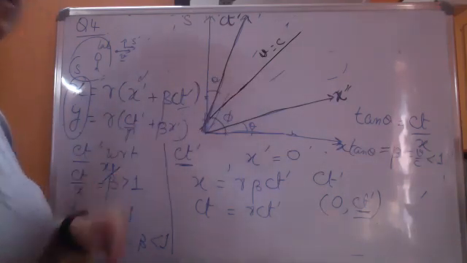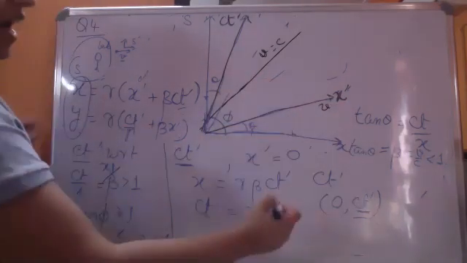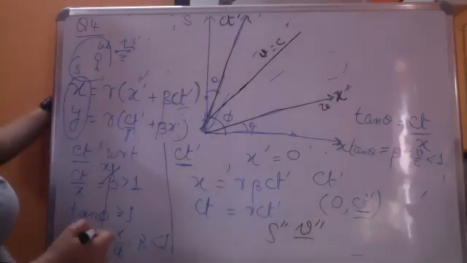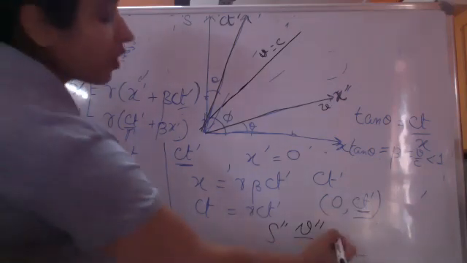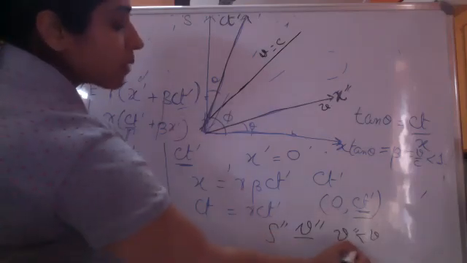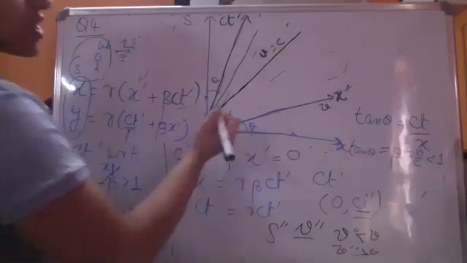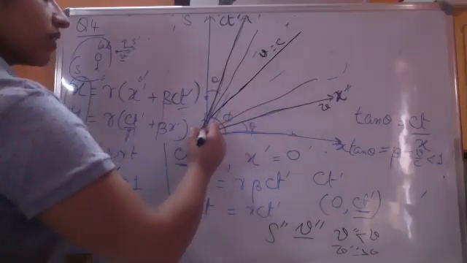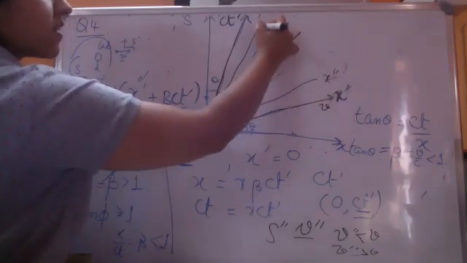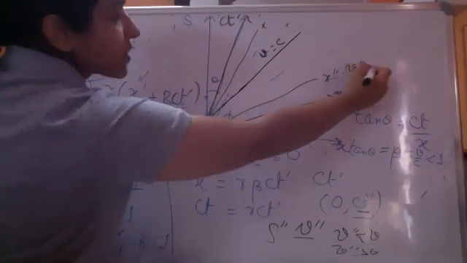Now, if you think on the same grounds, if this was with velocity v, and you had another frame of reference S double prime, moving with velocity v double prime, then depending upon whether v double prime is less than v or greater than v, you'll again get two sets of lines which would look something like this. Let's say that is v, and this is the case where v double prime is greater than v.